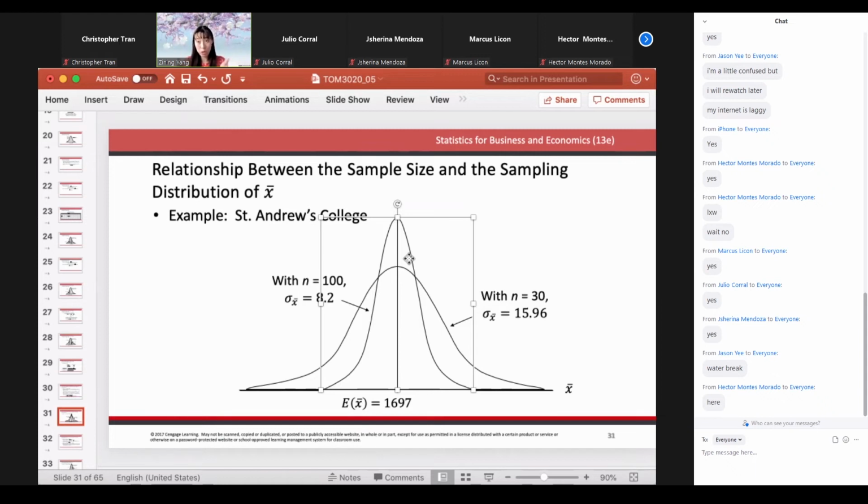That's after we increase sample size. It means now the sample means are all around this middle value. They don't go as far. They don't go all the way to 1800 or 1500. They are pretty close to the 1697. Maybe they go to like 1600 to 1750. That's about it. They don't deviate too much.